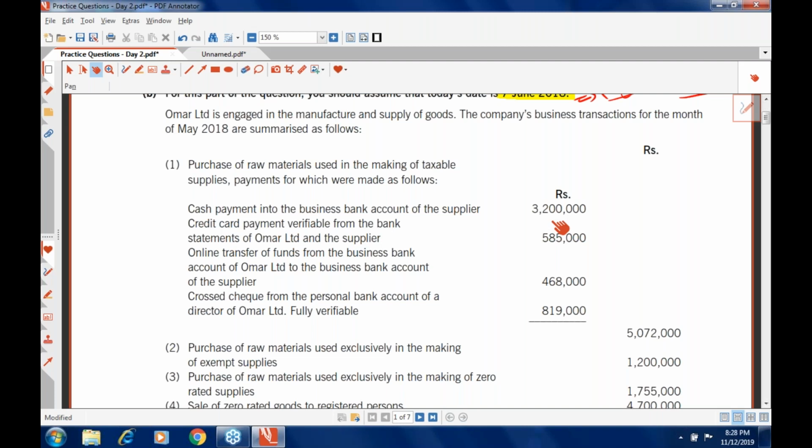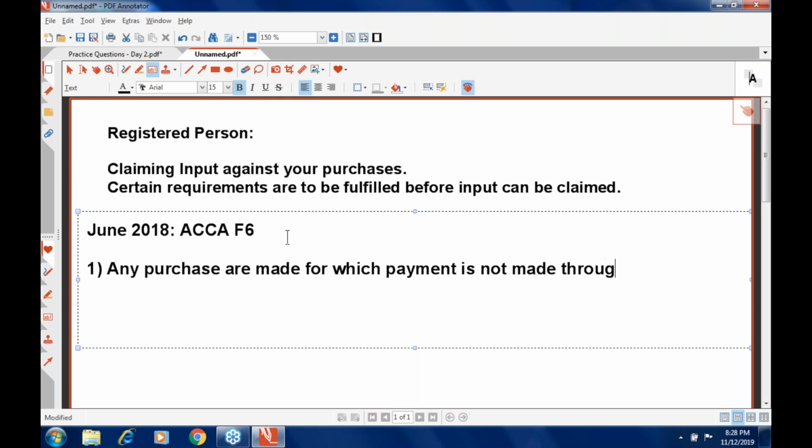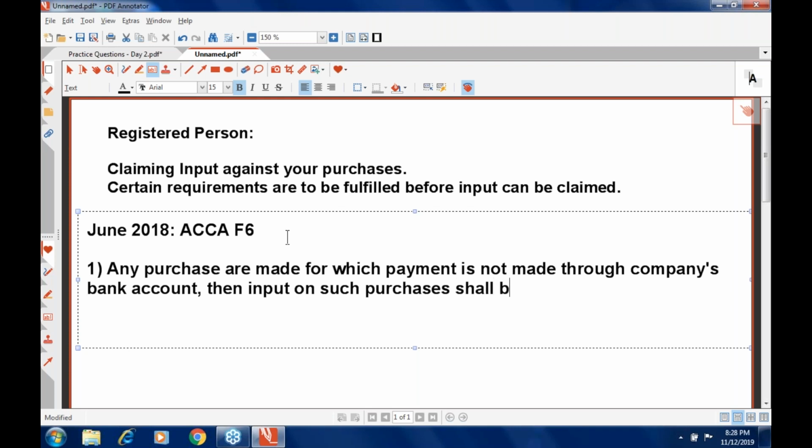Now let's try to understand how things are going to operate. Remember one thing: as per the Sales Tax Act, since our government wants to document the economy, if any purchases are made for which payment is not made through the company's bank account, then input on such purchases shall be disallowed.